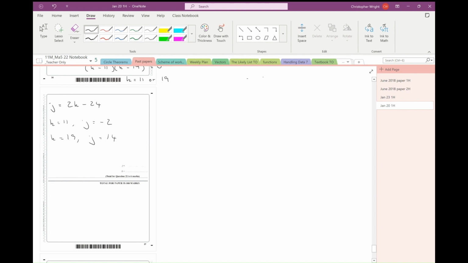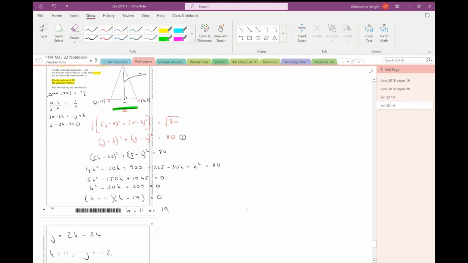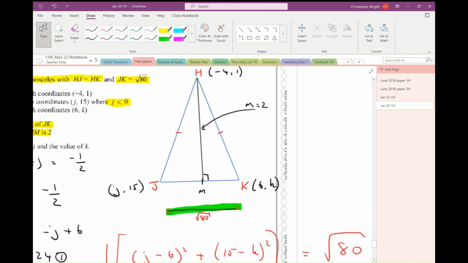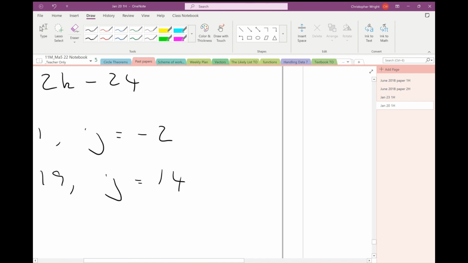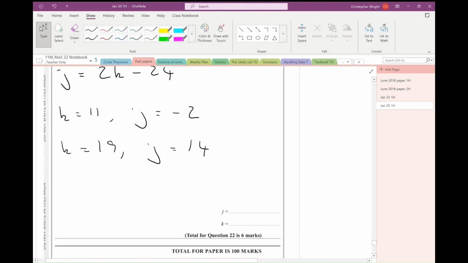So it looks like we've got 2 possible solutions. But you'll remember at the top that we noted that j has to be negative. And only one of these solutions has a negative j, and that is this one, not that one. So the correct answer to the question is that j is minus 2 and k is 11.